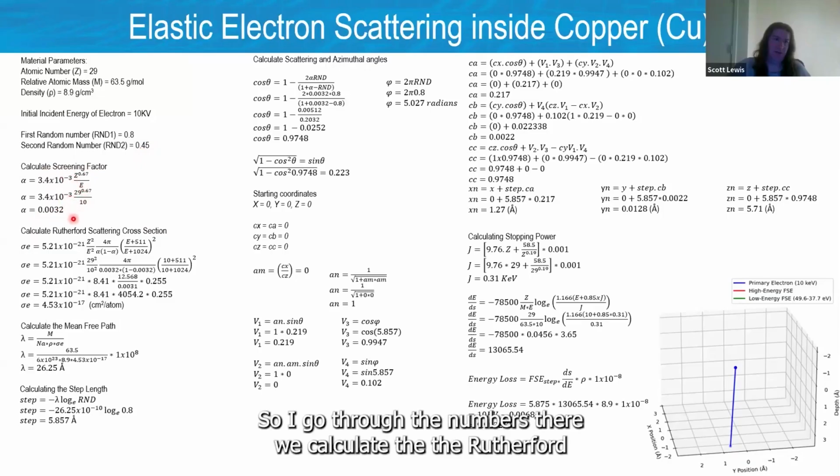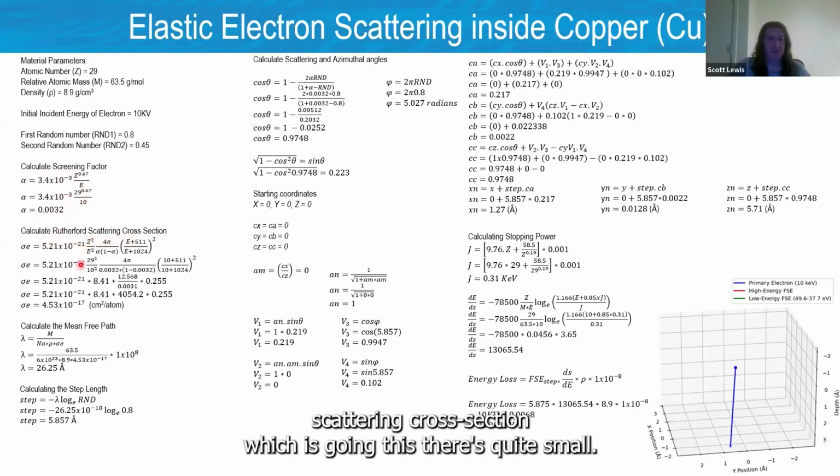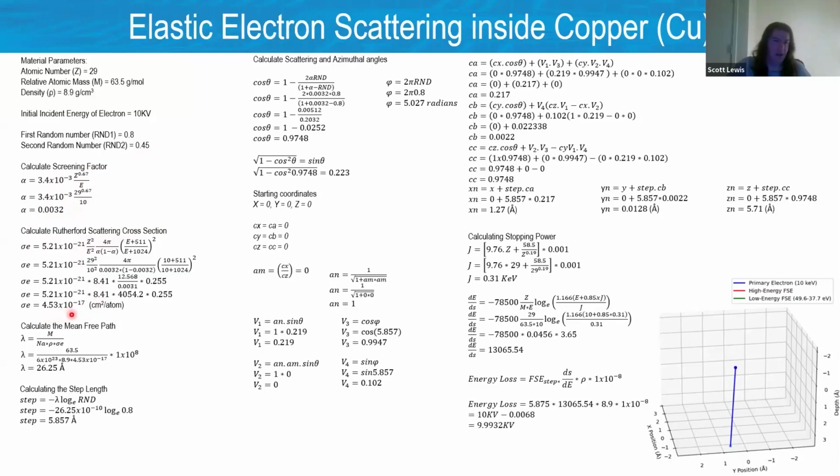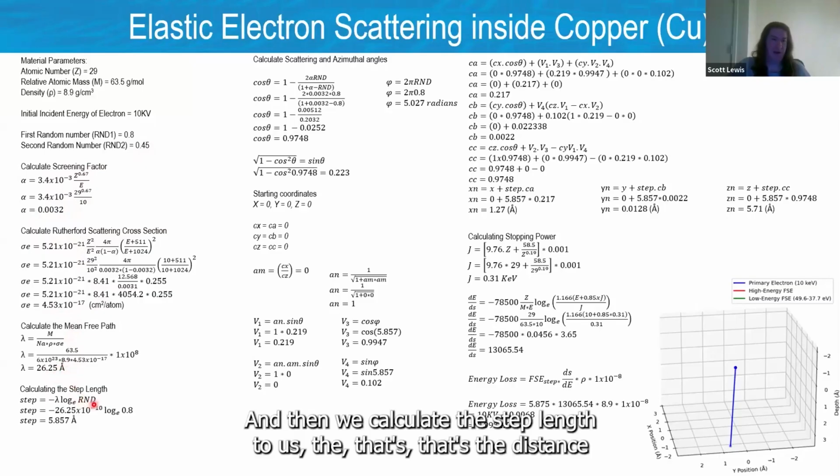I go through the numbers there. We calculate the Rutherford scattering cross section, which is governed by this. So it's quite small. We work out what the mean free path is, which is quite small again, 26.25 angstroms, and then we calculate the step length.